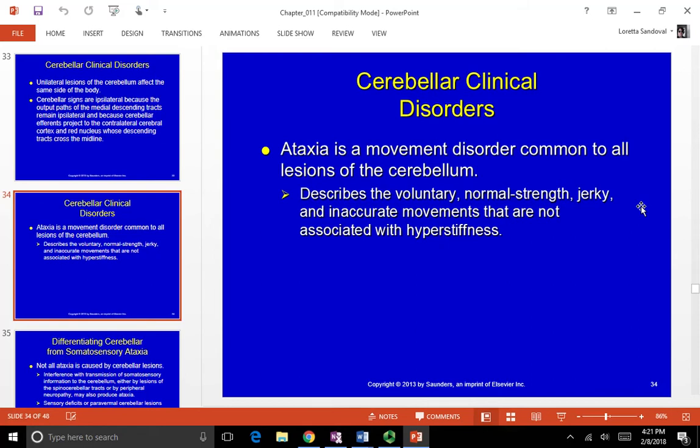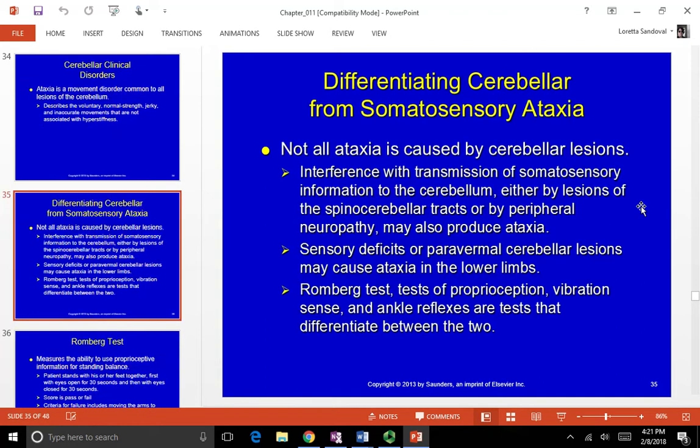The cerebellar ataxia movements are jerky and inaccurate. I have a couple of videos in the module demonstrating ataxic gait, and you can think of it like a wide base of support and sort of a toddling gait, because it's that uncoordinated jerky movement.